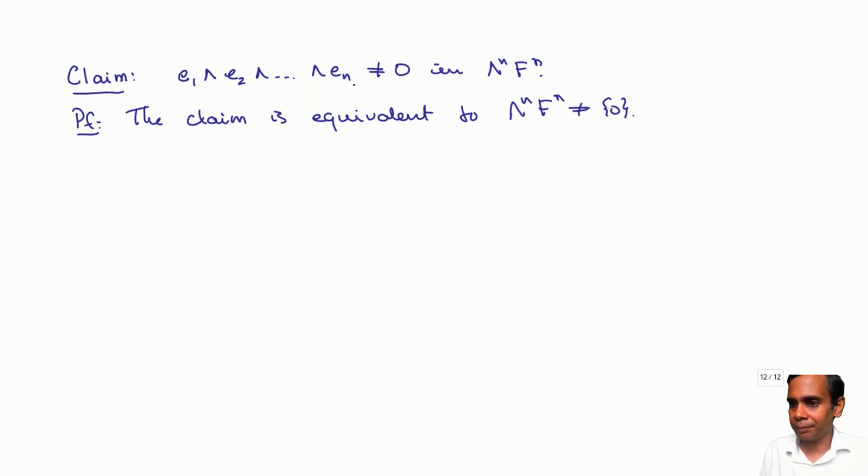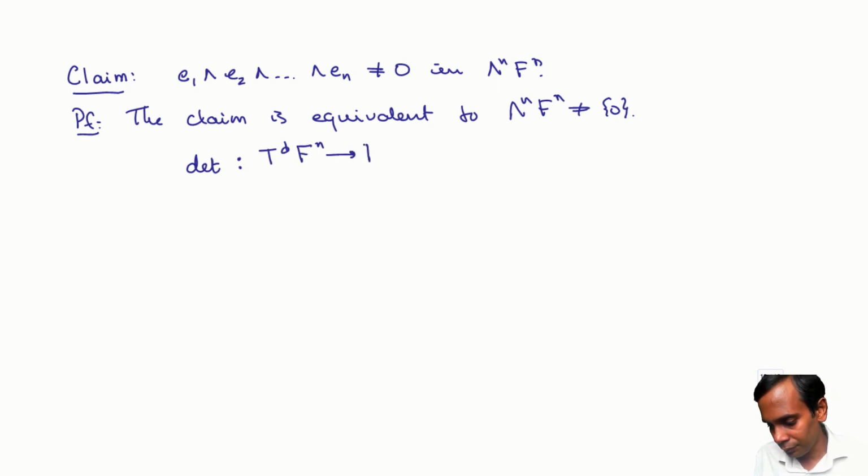But I will prove this, that wedge n Fn is not 0, using determinant. So we have this map determinant, and it's a map from n by n matrices to F. But I will think of it as a map from T^n Fn to F. How does it work?